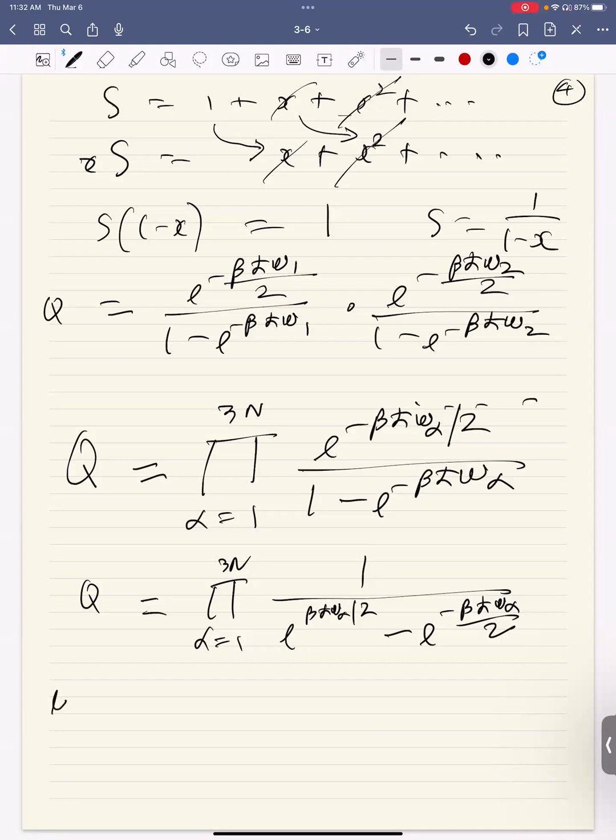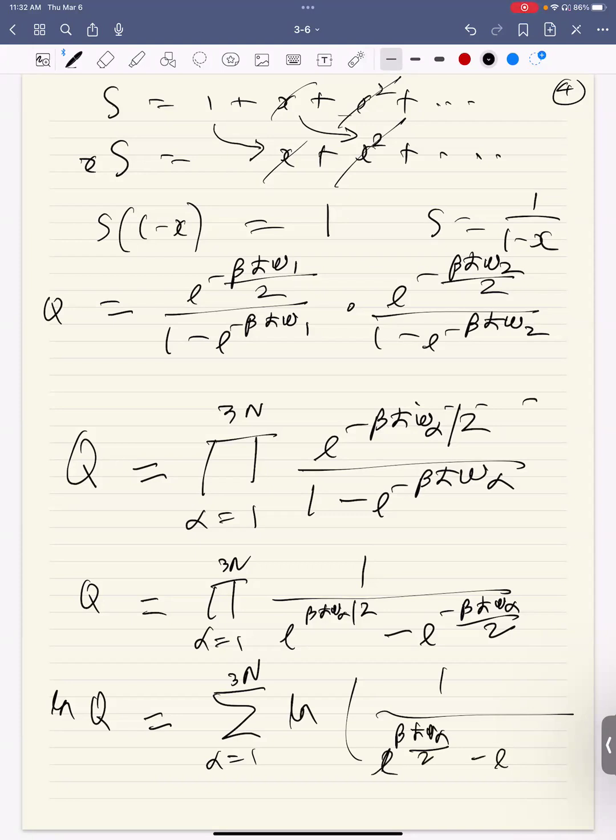So we take ln Q. Ln of a product will become a sum of ln, right? Ln of ABC is ln A plus ln B plus ln C. So I will write down in the summation formula, this is going to be alpha equal to 1 to 3n ln of 1 by e to the power beta h cut omega alpha by 2 minus e to the power minus beta h cut omega alpha by 2.